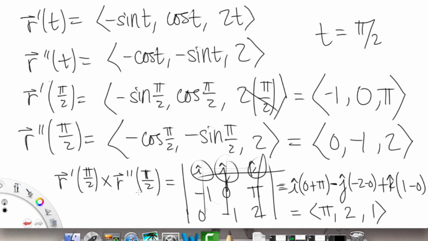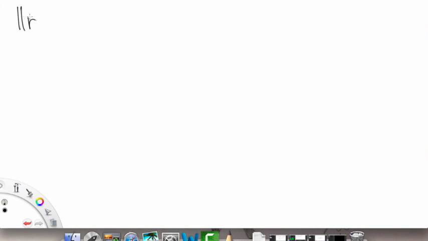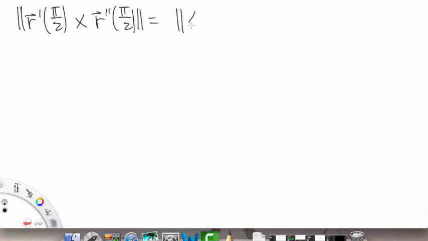Okay, so this is the cross product that we got from crossing r prime and r double prime, both evaluated at pi over 2. We're going to keep this in mind, and now we can take the magnitude of it. So the magnitude of r prime of pi over 2 crossed with r double prime evaluated at pi over 2 is the magnitude of pi, 2, and 1.